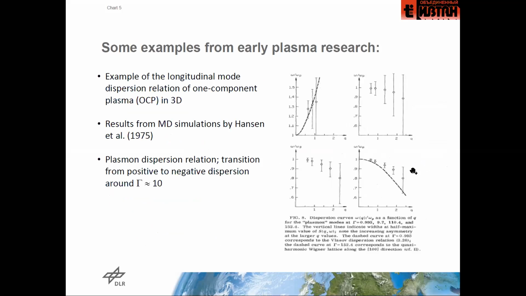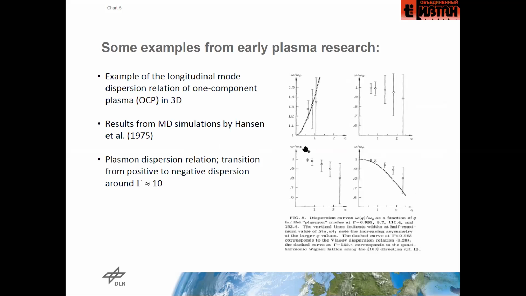Some examples from early plasma research. In this case, I show the results from molecular dynamics simulation by Hansen some 45 years ago, who studied the dispersion relation in a three-dimensional one-component plasma.